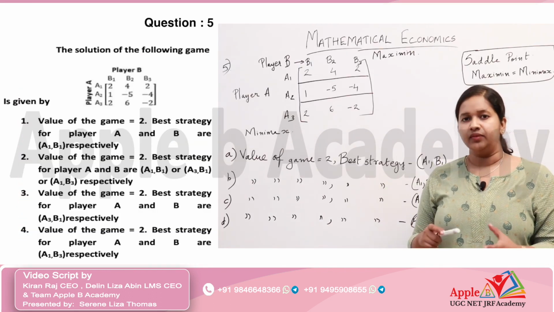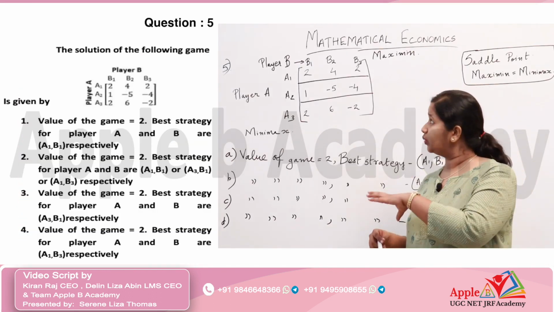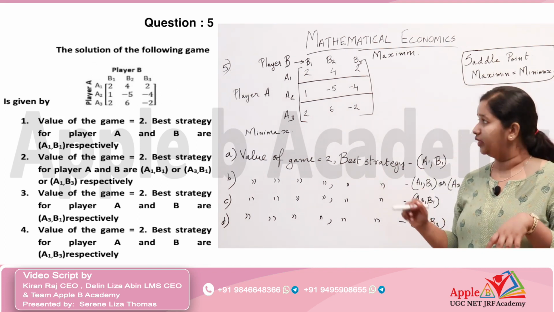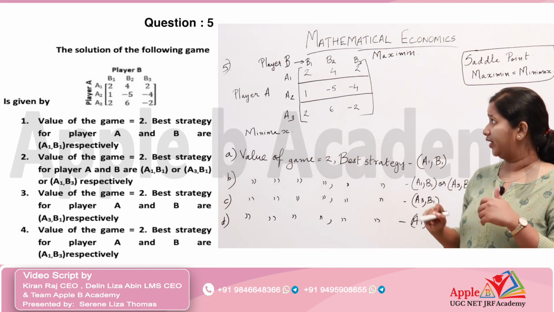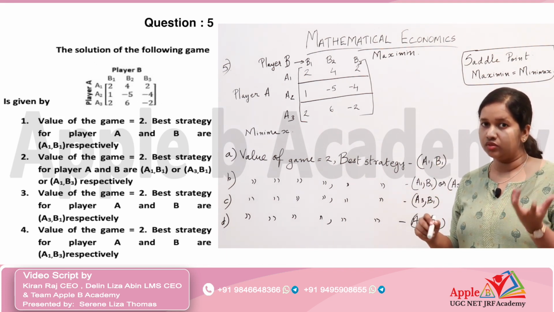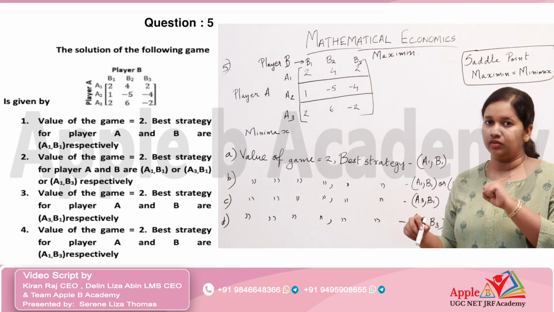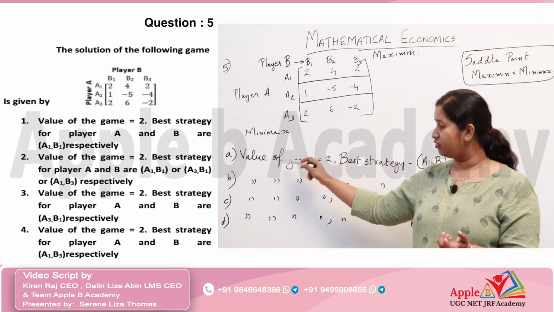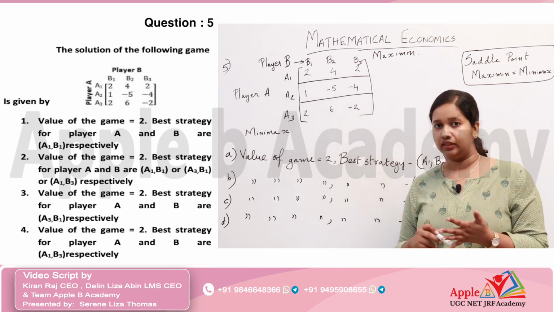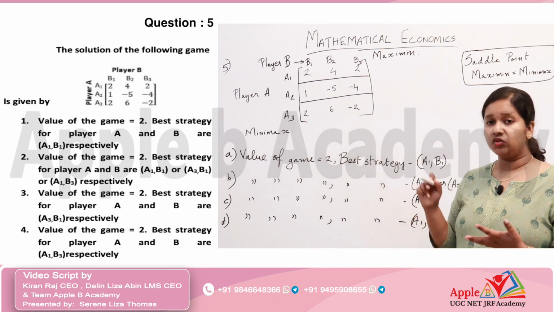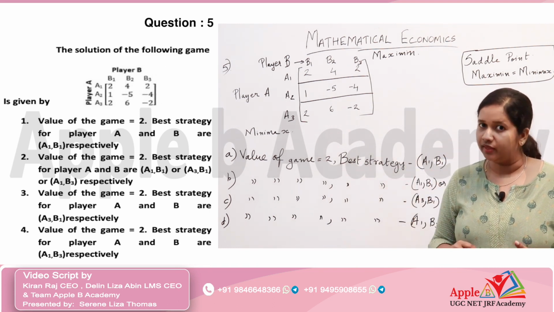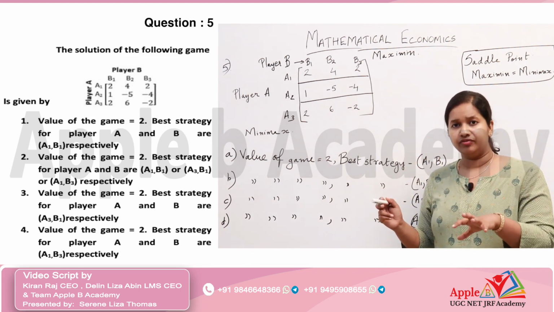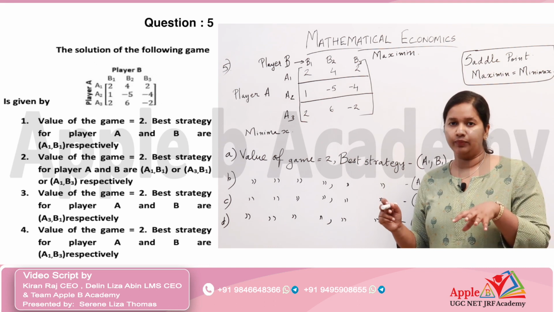Now, this question is asked from game theory. Here we have a matrix given and we have player A and player B. The question was to find the solution for this matrix. From the options we can see that we need to find the value of the game and the best strategy for player A and player B. When you say the value of the game, it is a saddle point.